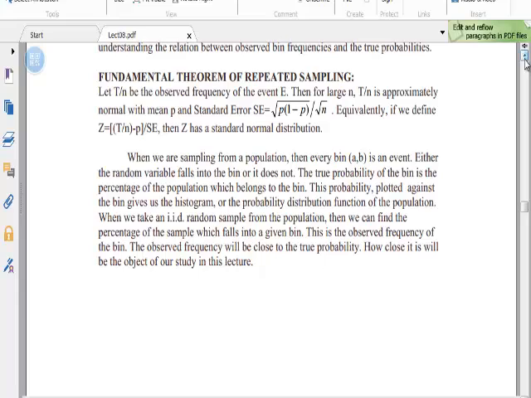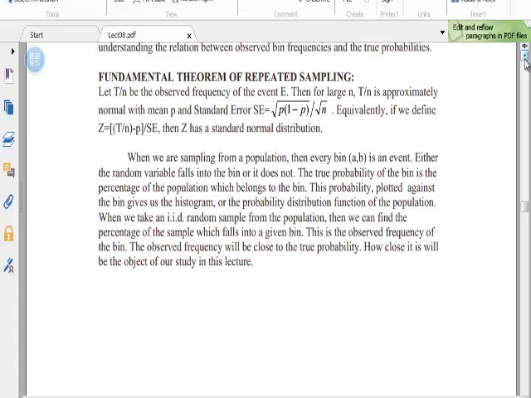Now, as I said, this is the reverse calculation. It cannot be done because I have the observations, but the true probability I don't know, and it cannot be computed. But there are some things which can be computed, and these allow us to make a confidence statement. So what are the things that can be computed?